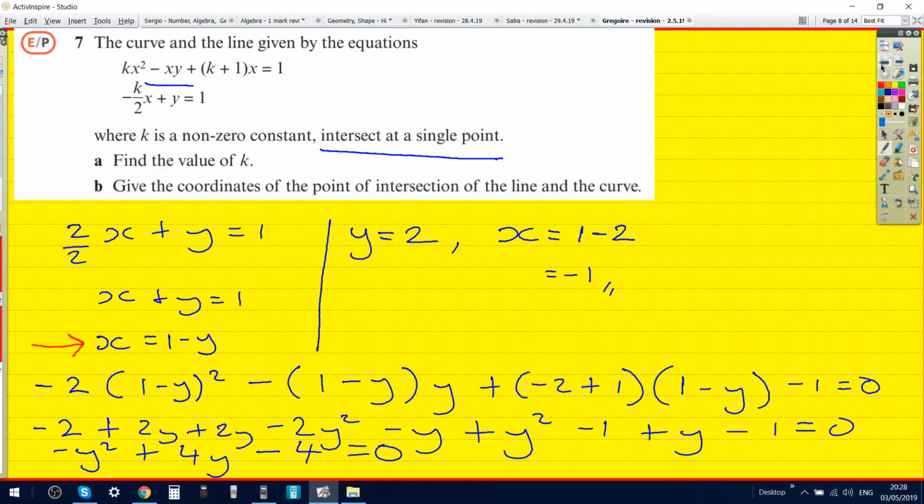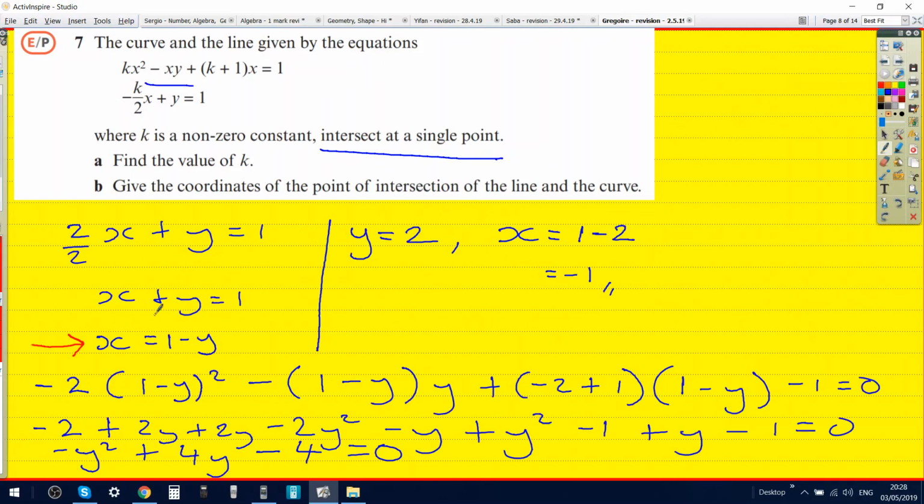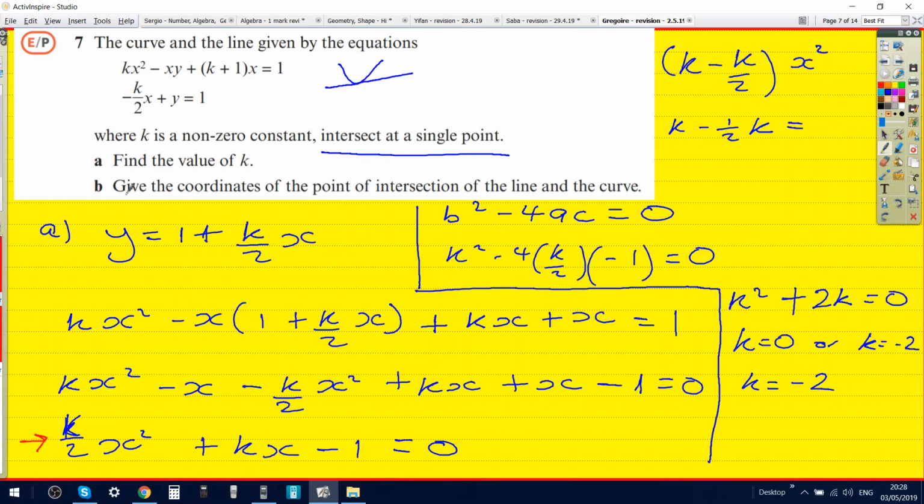Yes, so let's go back. The first one, although it looks different, is solved the same way as this second one, the totally normal way. We made x the subject, subbed that in for all the x's, and then solved it. Part A is exactly the same, even though it's got k in it. You make x or y the subject, sub it in, and solve as much as you can until it's a quadratic.